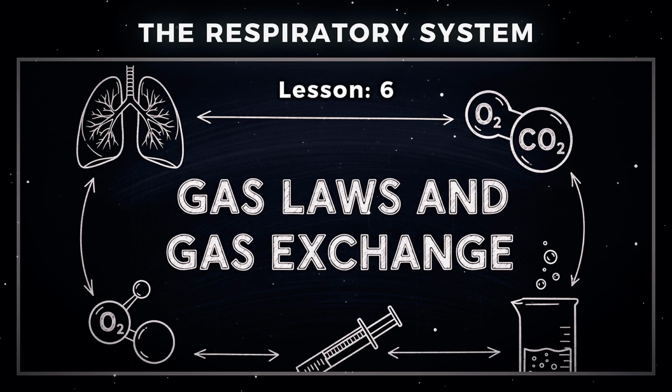Historically, the discovery of these laws was a triumph of 19th century chemistry. John Dalton, a self-taught English scientist, formulated his law of partial pressures in 1801 while studying the properties of the atmosphere. He was fascinated by how gases could coexist without reacting.